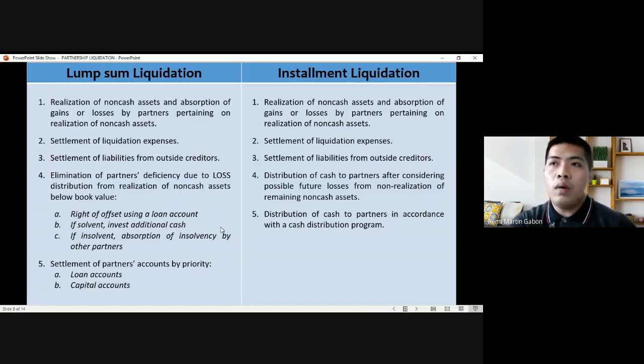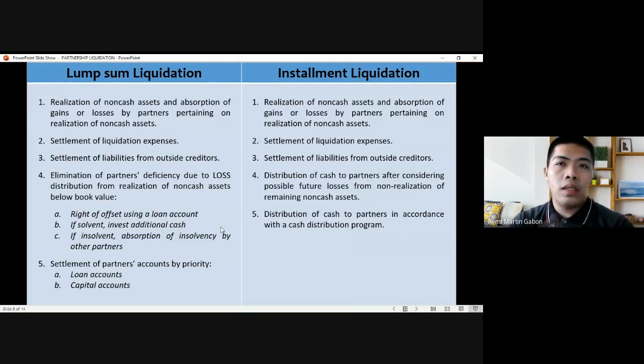So, meaning, utay-utay ang pag-realize ng asset, any unrealized non-cash asset will be considered as future loss. I-absorb yan ng mga partners, then considering the absorption ability of a partner, makakaroon pa ng tinatawag na priority, okay? Cash priority program, okay? Distribution of cash to partners in accordance with cash distribution program in relation sa number 4 na step, loss absorption. Kung sino yung may pinakamalaki na loss absorption, ipa-priority sa cash payment. Okay?